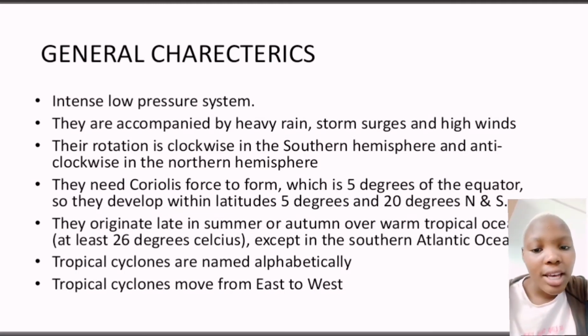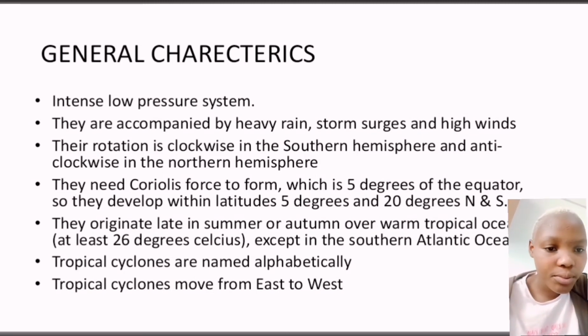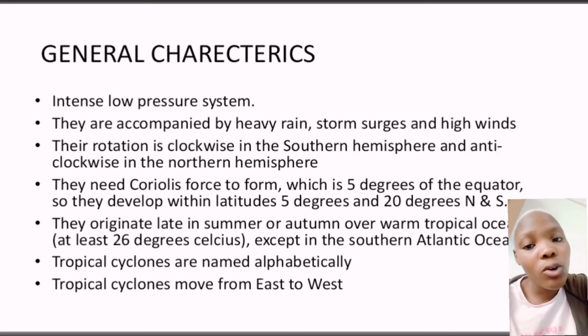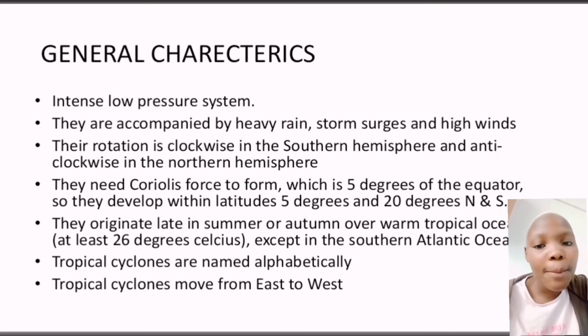These characteristics tell us more about a tropical cyclone, how it forms and what happens when it approaches. When a tropical cyclone is occurring, there is a lot of damage to the land, especially to places near the ocean, as the tropical cyclone happens in the ocean.